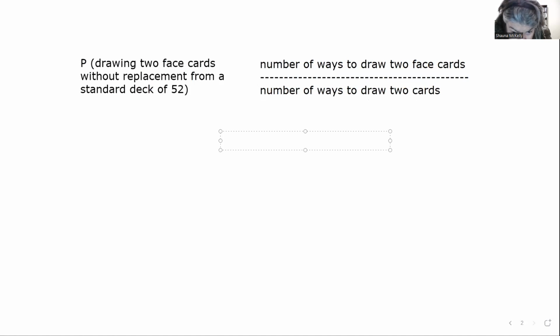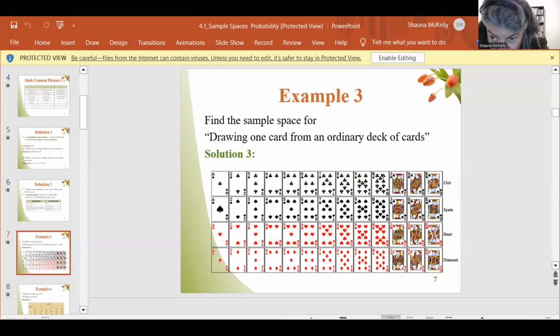So if you recall, if we're going to use the counting rules, then you have to make sure you're in the right group. So when I talk about the number of ways to draw 2 face cards, yes, I'm talking about the whole deck in terms of probability, but if I'm going to draw 2 face cards, then I have to draw 2 cards from these 12 that are face cards, right?